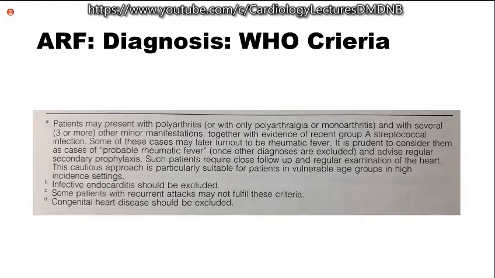If there is no more evidence of rheumatic fever, probably the secondary prophylaxis may not be continued. Of course, in these patients, other diagnoses should be considered and ruled out, like infective endocarditis.